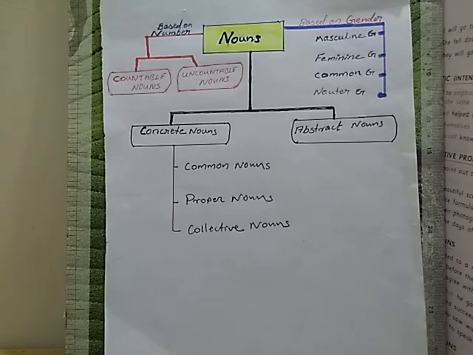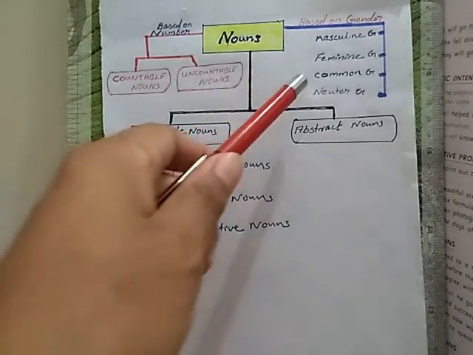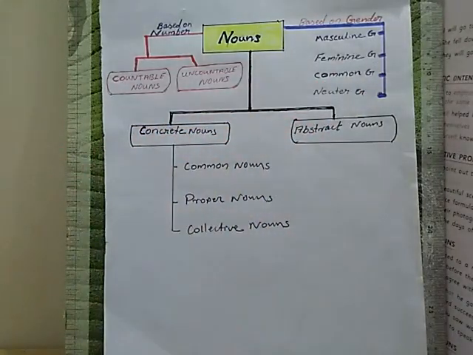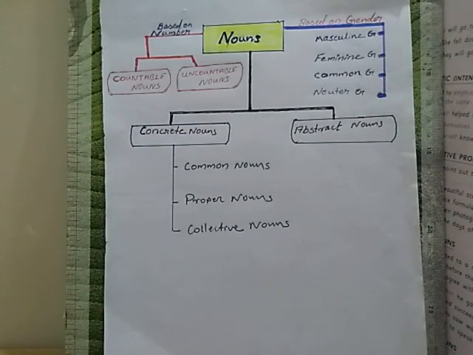Okay, now common gender. There are many nouns which do not denote whether the gender is masculine or feminine. Such kind of nouns are coming under the category of this common gender. For example, friend, child, student, teacher.